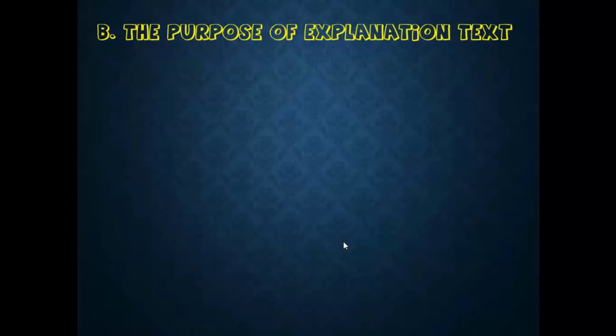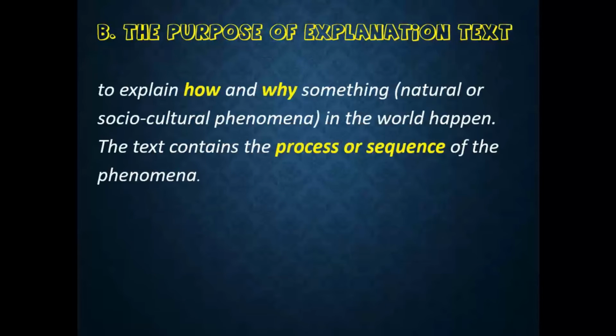And then how about the purpose of explanation text? Why do we write the explanation text? We write the explanation text because we want to explain to the readers how and why natural or socio-cultural phenomena happen in the world, like tsunami or hurricane and many other natural phenomena like a typhoon, the rain, and the others.